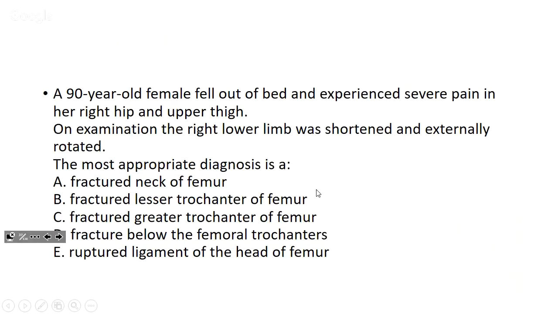Okay, a 90-year-old female fell out of bed and experienced severe pain in her right hip and upper thigh. So a 90-year-old female, you know that she's probably osteoporotic. And when she falls, you can see her right lower limb was shortened and externally rotated. So what sort of fracture are we seeing here?